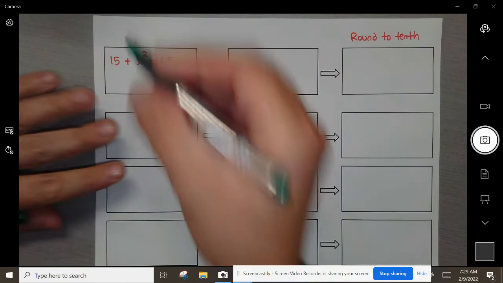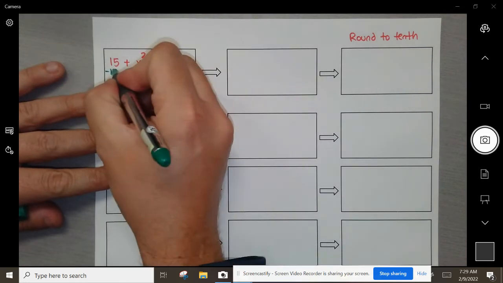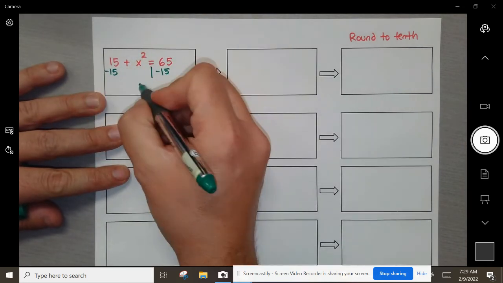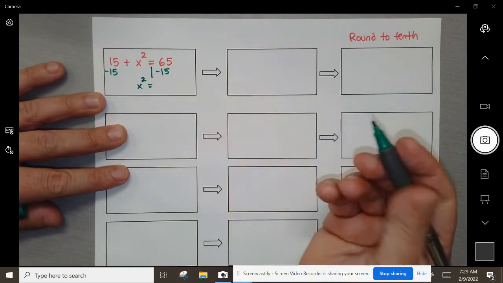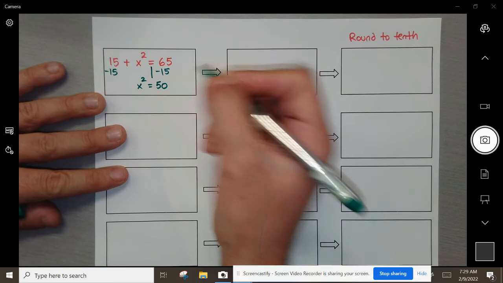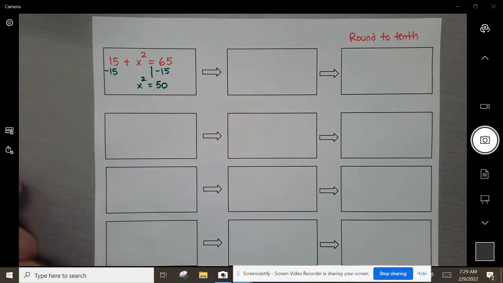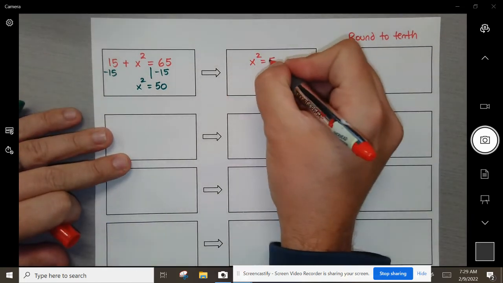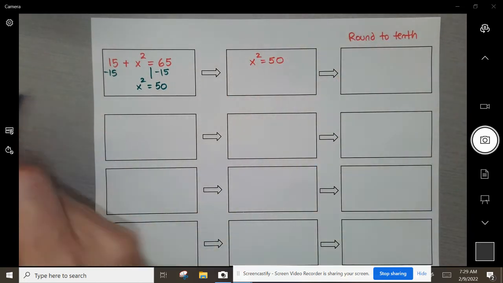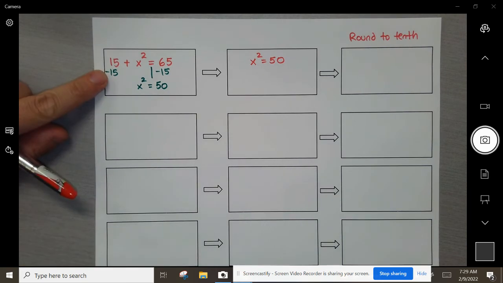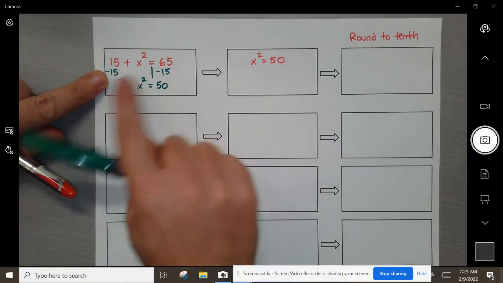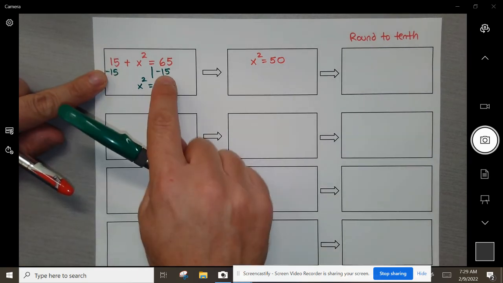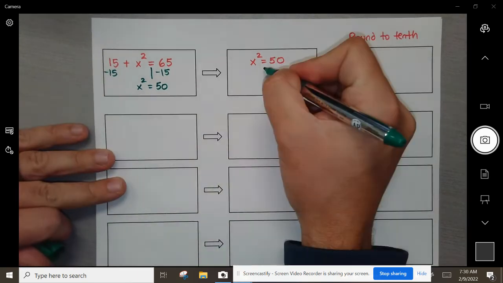All right, first step. We're going to subtract 15 from both sides. All right, then I get x squared equals 50. Put that in this box. Now I have x squared equals 50. Okay, then again, what would you say with this one? You said move your constant to the right. Move the 15 to the right by subtracting. Okay, then what would you do here?